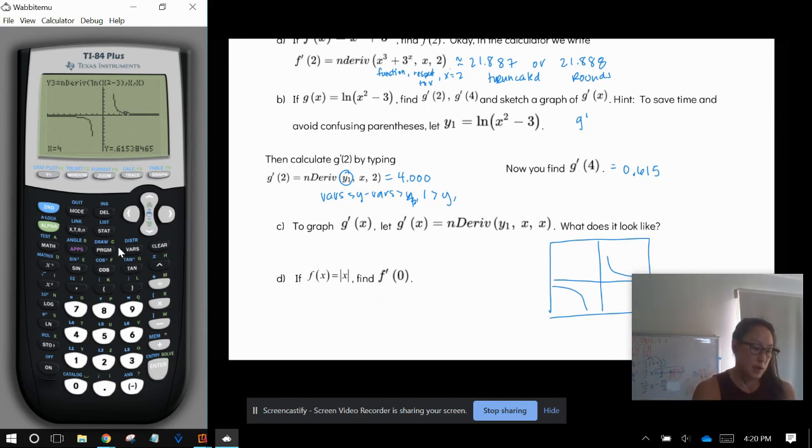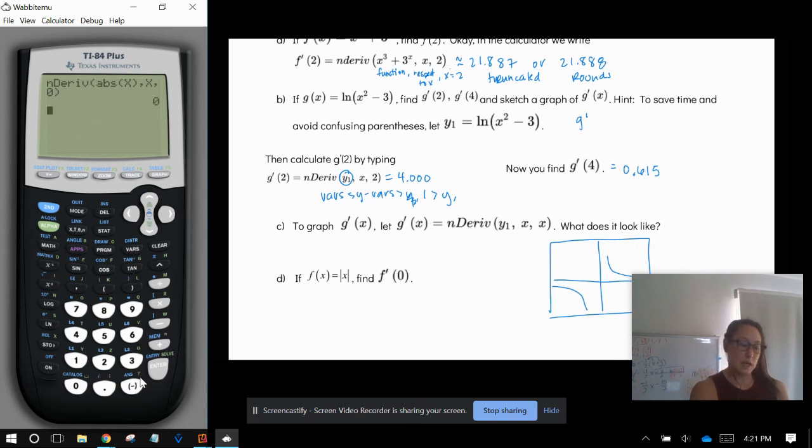All right, last one. If f is the absolute value, find f prime of 0. All right, we're just going to calculate that. Since I'm not calculating any other value besides when x is equal to 0, I'm just going to type in the function. So the function is math, number, abs x, the absolute value of x with respect to x evaluated at 0.